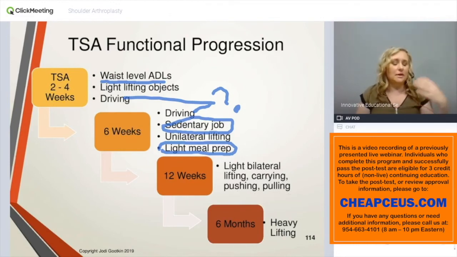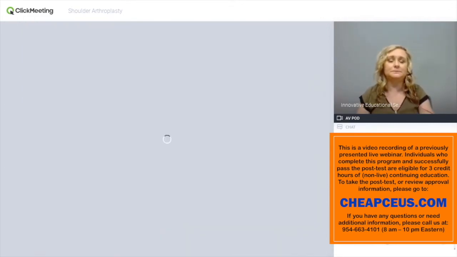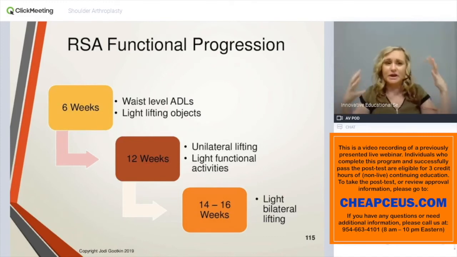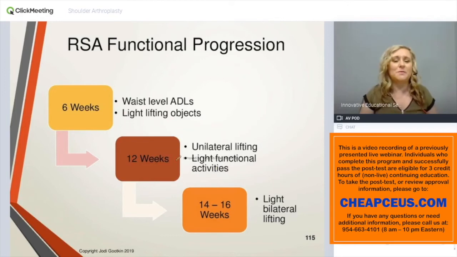At 3 months out, we're allowing them to do a little more carrying, around 5%, and 6 months is when they can move more towards that heavy lifting. Individuals with the reverse shoulder arthroplasty, that's going to be a little more conservative. They don't have that rotator cuff. That deltoid is kind of learning that it needs to do everything now with appropriate mechanics. So it's going to be more the 6-week mark where they can do those waist level ADLs, seating, personal hygiene type activities.